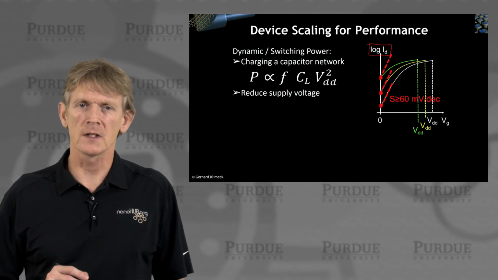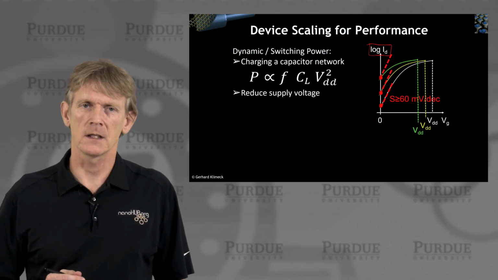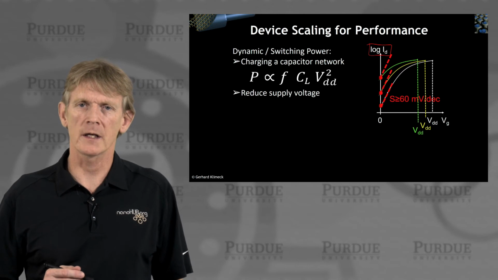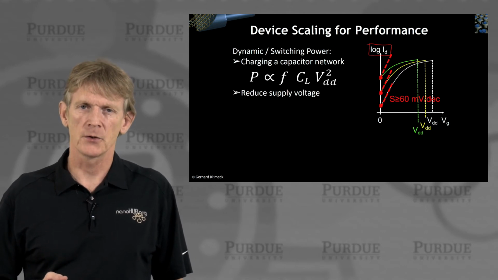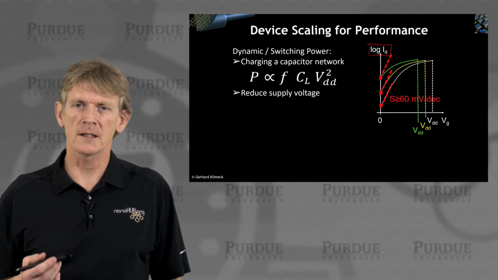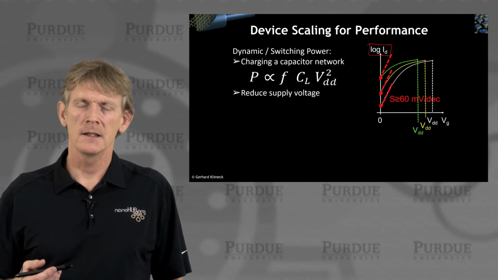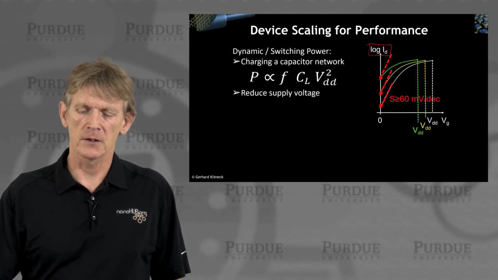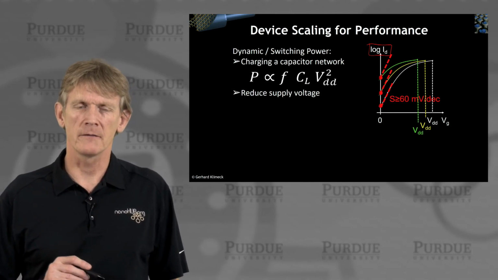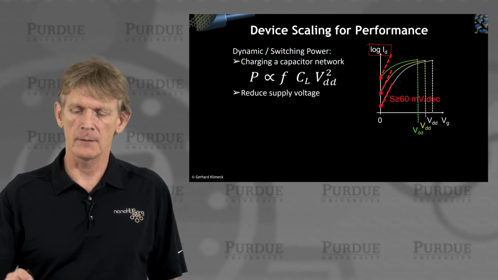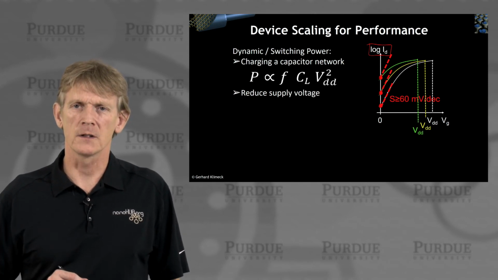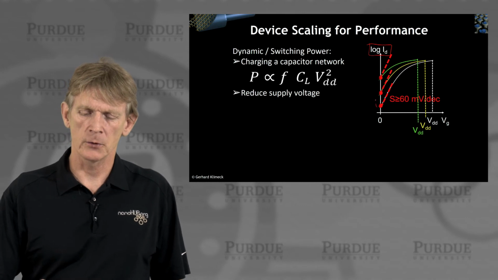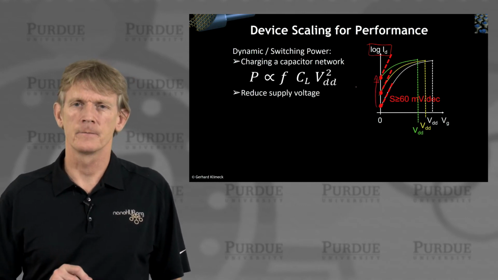It goes up linearly on a log scale. That means it's growing exponentially. So your leakage is growing exponentially if you're pushing your transistor such that you only have a few decades in terms of amplitude here left over, and you're pushing up exponentially your leakage current.